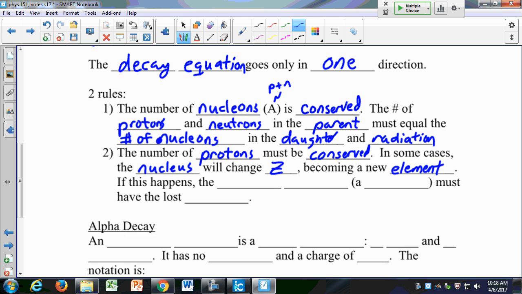If this happens, the decay radiation must have the lost protons. Remember that decay radiation is a particle. Gamma rays are radiation in the way we think of it, but often alpha and beta particles are types of particles. So if your nucleus lost a proton, it must be in the radiation.